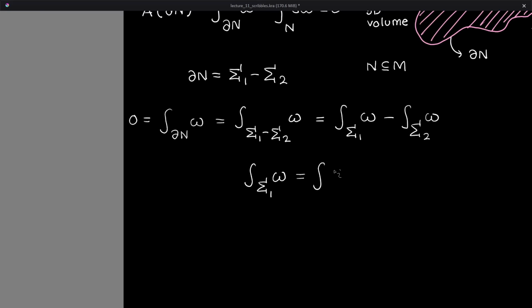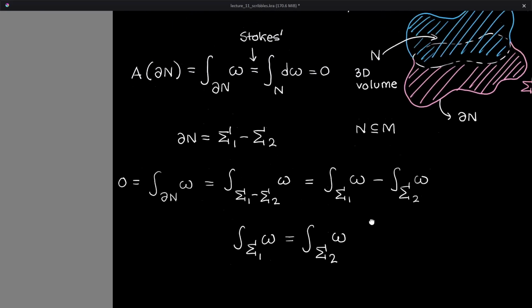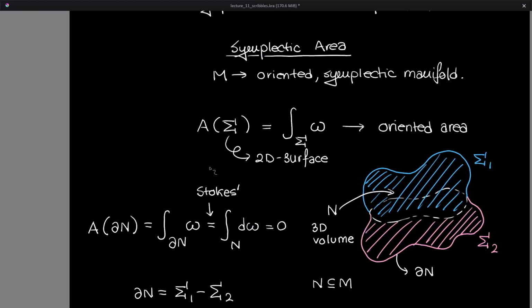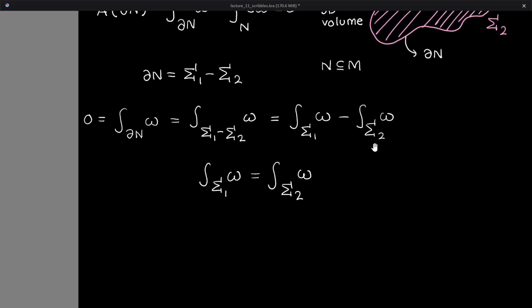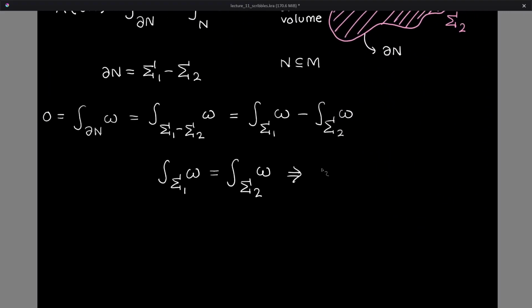So they must be equal to each other. But remember, this is exactly a symplectic area, and so that implies that the area of sigma 1 is equal to the area of sigma 2.